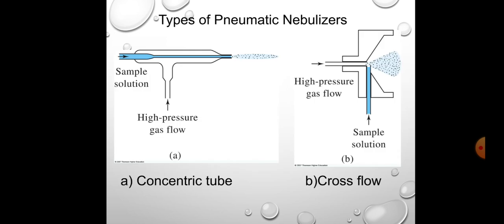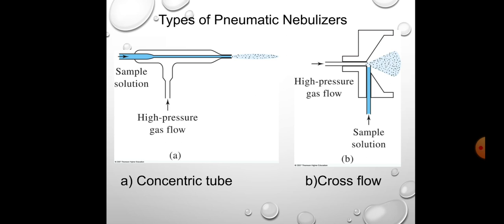Here you can see two nebulizers that are the most common. On the left side it's called the concentric tube nebulizer, and on the right side it's called the cross flow nebulizer.